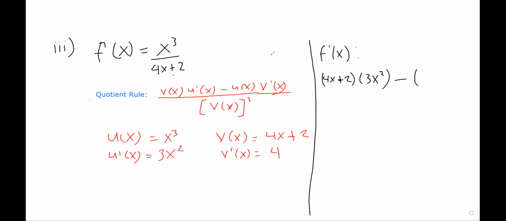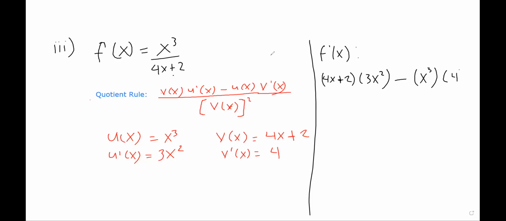And guys, please ensure that you always bracket them so that we minimize errors. All right, and I'll tell you exactly what I mean by that afterwards. So we say our u of x is equal to x cubed, multiplied by our v prime, which is equal to 4.